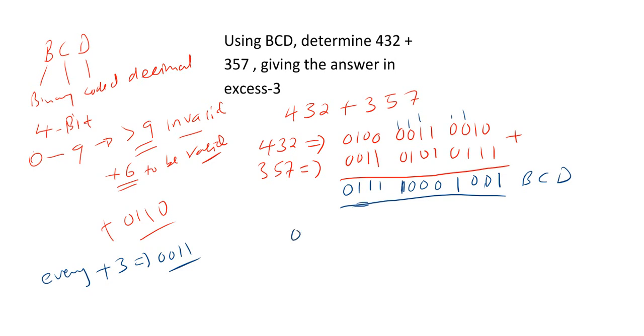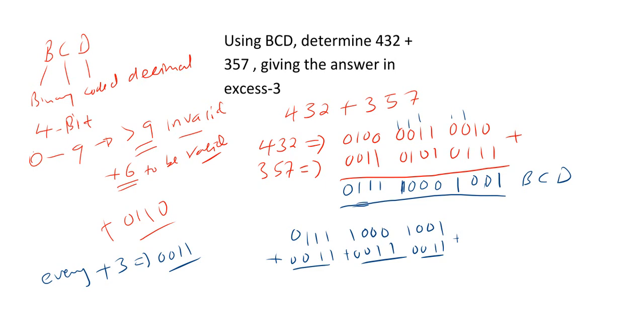So for this number, we add 3 to every group, and we add also 3 to this group. So every group you add 3.